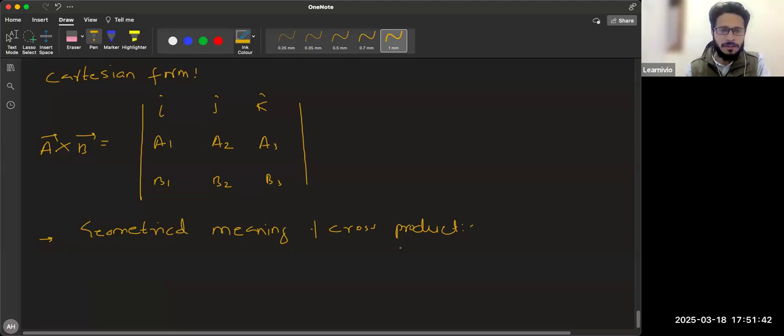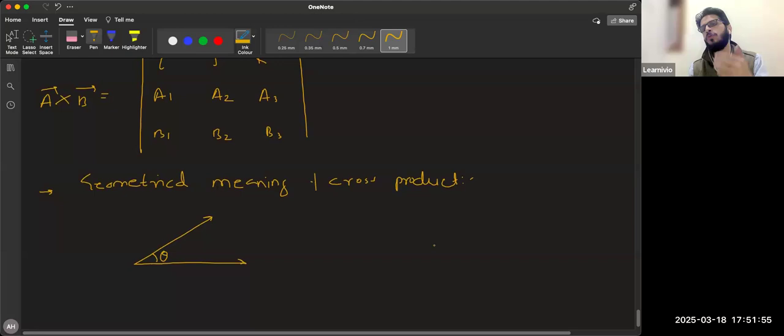Anyway, it's NIA. To calculate the magnetic moment, you need the area vector. In some cases it's easy to calculate the area vector just by multiplication, but in a few cases you need this cross product to get the area vector.